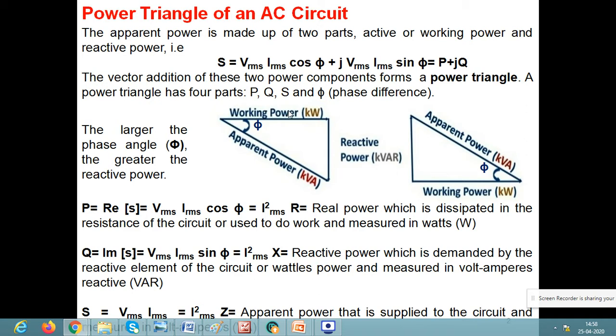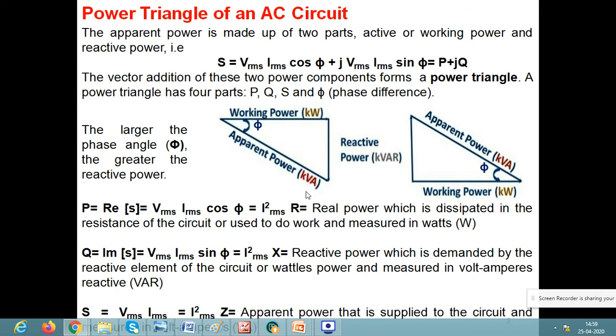You can see this is the power triangle. There are three quantities. One is the working power, represented by P. Then the reactive power, which is represented in volt ampere reactive. And third is the apparent power, represented in volt ampere.